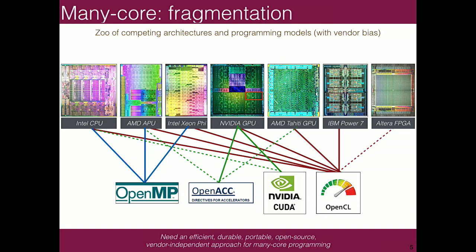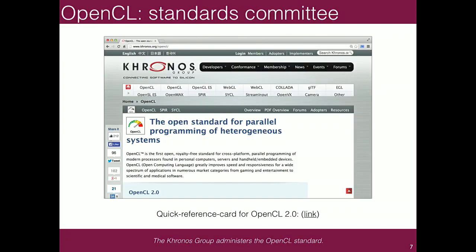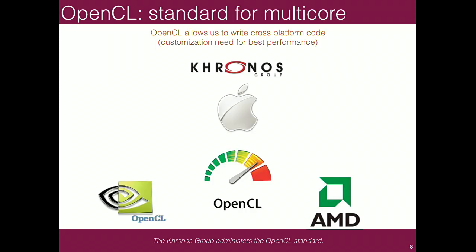So next I'm going to talk about OpenCL. It stands for Open Compute Language. There's a standards committee, the Khronos Group. There's a fascinating backstory as to how OpenCL came along. OpenCL is more or less a product of Apple, which sounds weird, but Apple saw the success of CUDA and wanted to build an acceleration framework for OS X, but they didn't want to have a single vendor behind it.